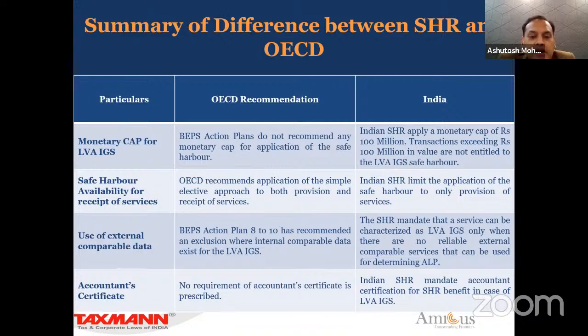Now, external comparable data can be taken from databases, from any publicly available source. That is a huge difference between the OECD recommendation and the SHR in India. The fact that India is saying that no safe harbor can be applied if you have reliable external comparable data is significantly diluting the Indian safe harbor.